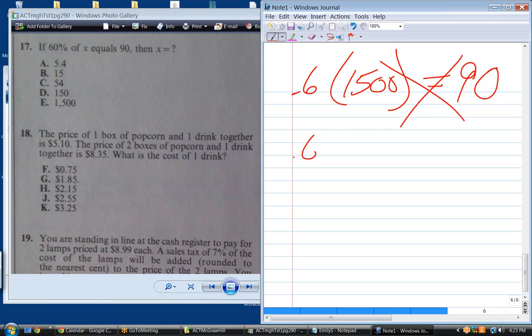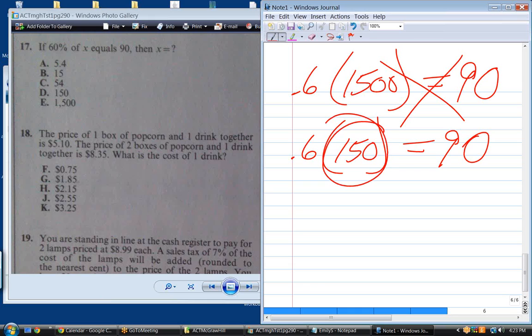Let's go down. Is 60% of 150 90? Yes. That's the answer. Go no further. I was able to get the answer without being able to write and solve the algebraic equation.